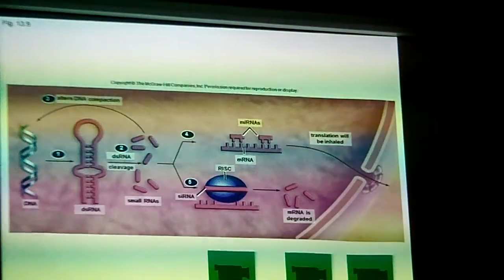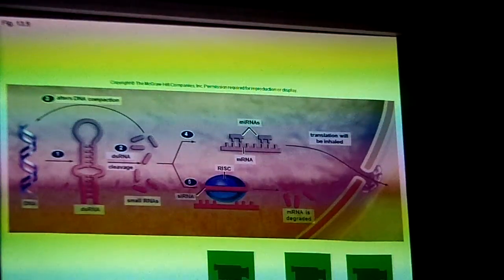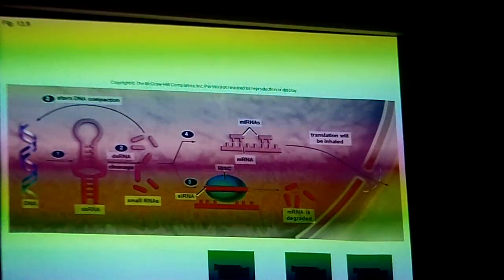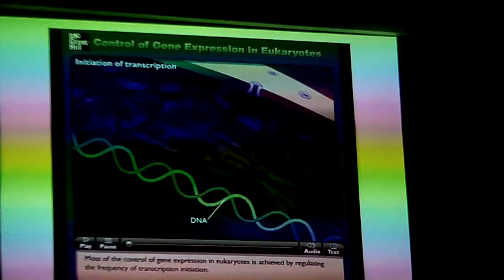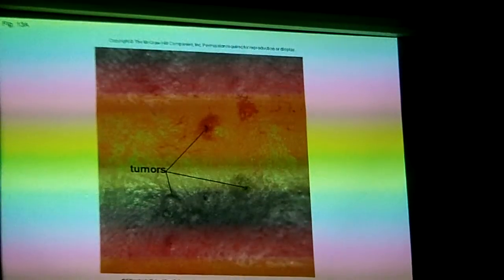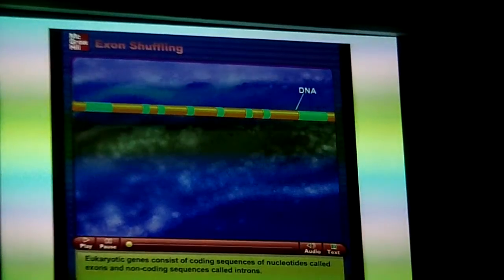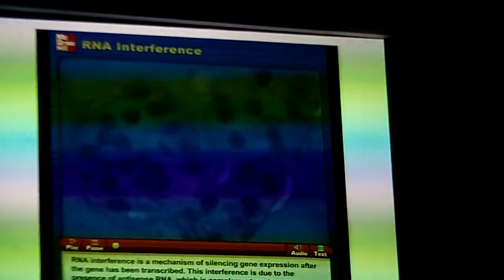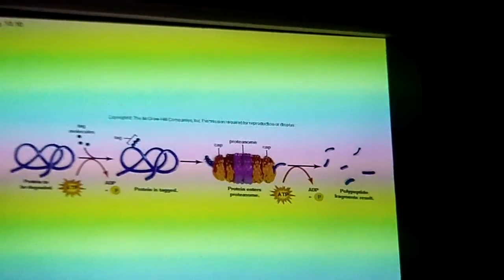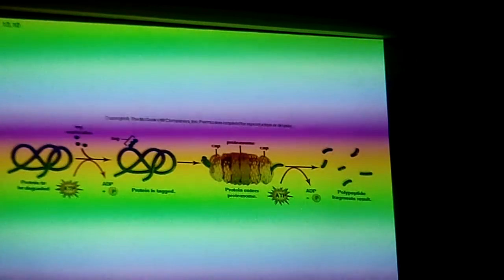Okay, so what we're going to do now is we're going to talk about mutations, which really starts on page 247. I have this out of order. What page?